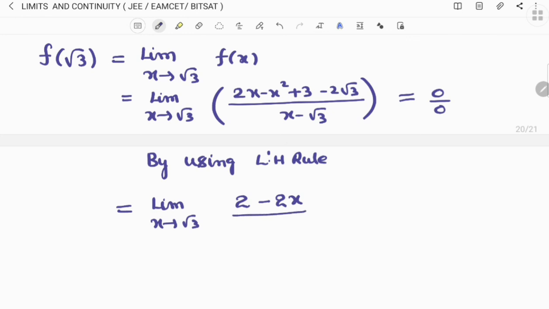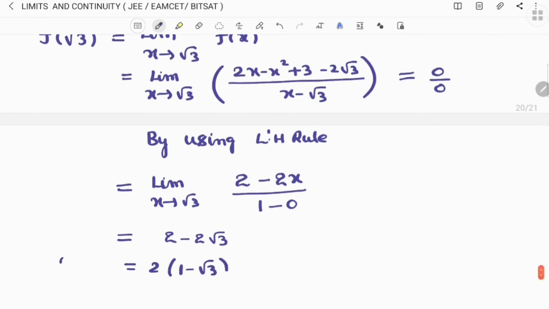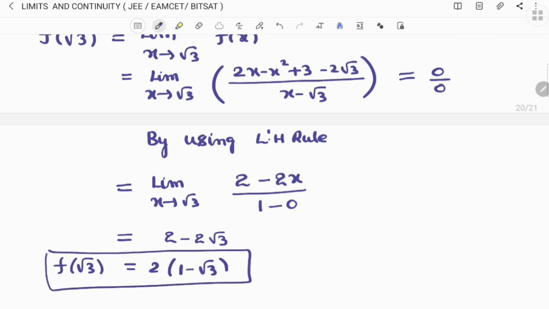D by dx of x minus root 3: x derivative is 1, minus root 3 derivative is 0. Now wherever x is there, replace with root 3. So 2 minus 2 root 3. Taking 2 common, 1 minus root 3, which is the required value of f of root 3. So 2 into 1 minus root 3 is the required answer.